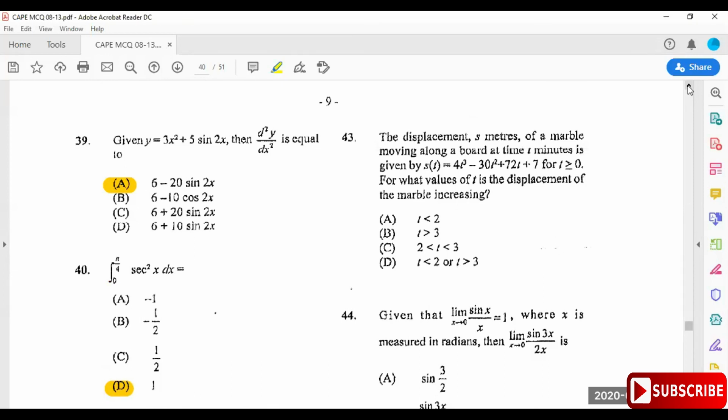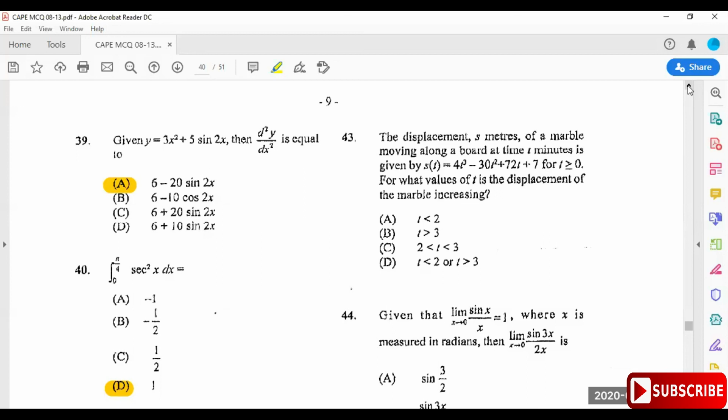Now question 43. It's telling us that the displacement S of a marble moving along a board at time t, where t is in minutes, is given by S of t equals 4t cubed minus 30t squared plus 72t plus 7, for t greater than or equal to 0.